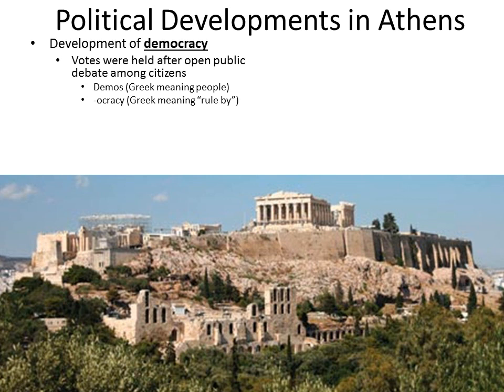And as you see, these votes were public among citizens. We'll talk about who counted as a citizen soon enough. But just know for now that it's the citizens of Greece who have a say in their own government, which is not true in so many other forms of government. We can easily assume, oh, well, democracy, that's what government is.